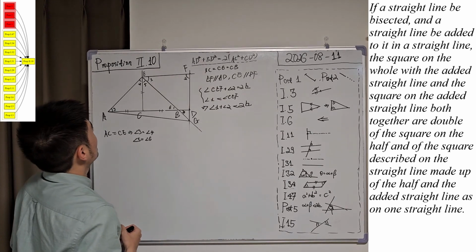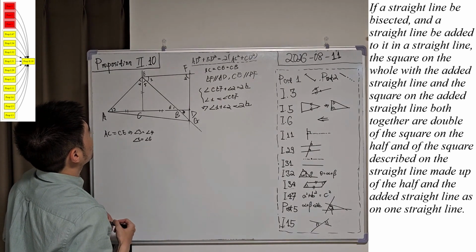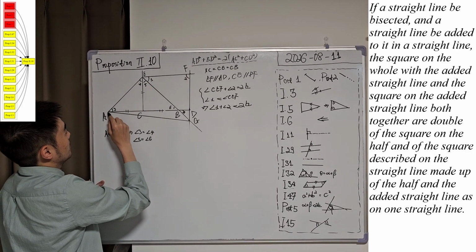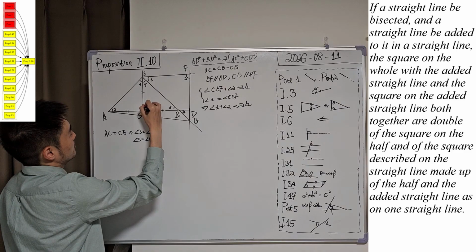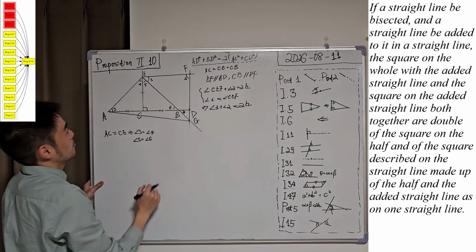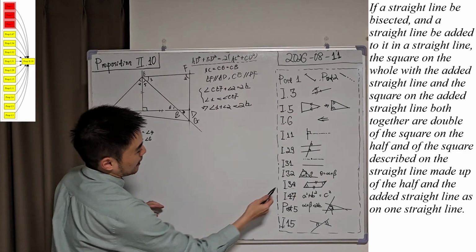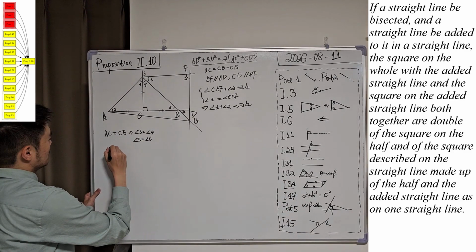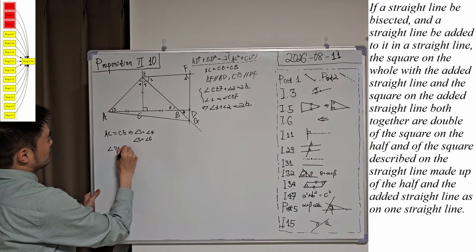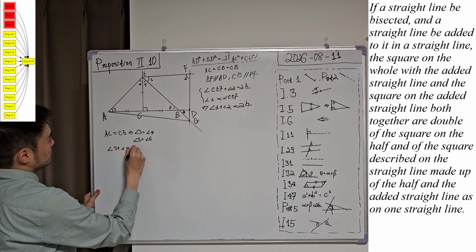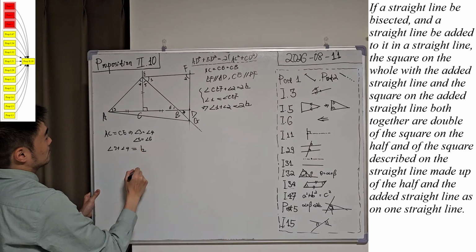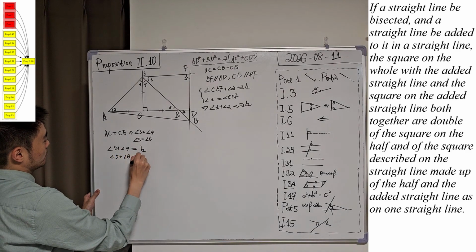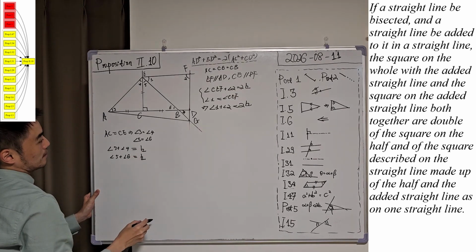And if we have a look at this triangle ACE, we know that this is the right angle because they are perpendicular. So, if we apply proposition 32, we know that angle 3 plus angle 4 is equal to a right angle. Similarly, angle 5 plus angle 6 equals a right angle, right?